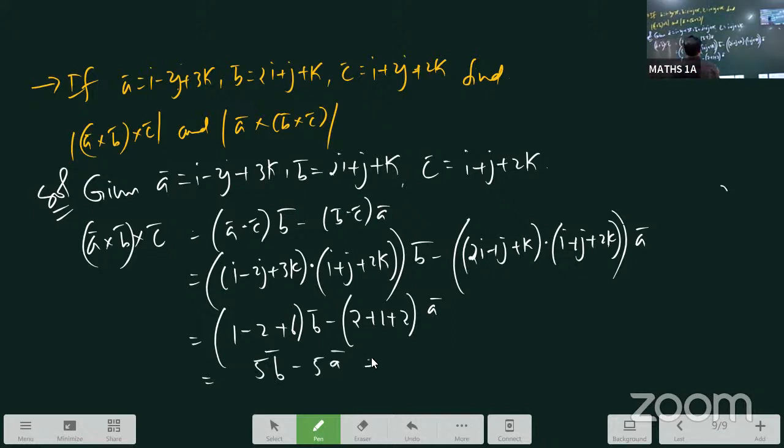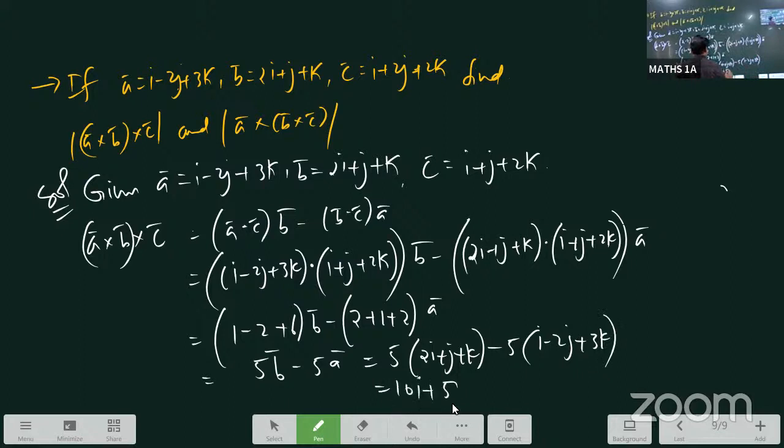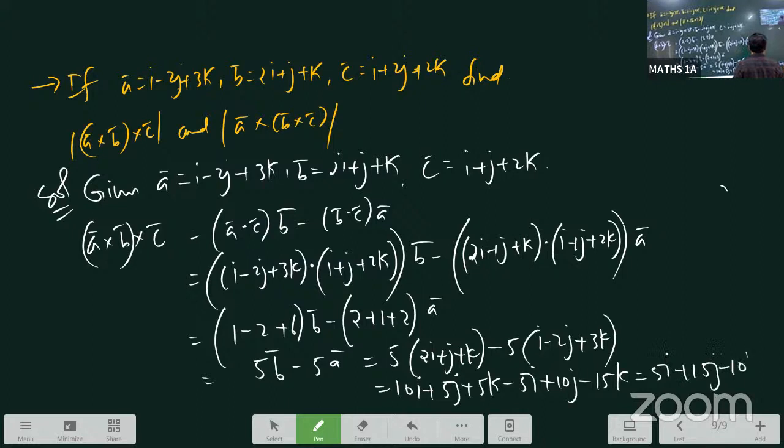That is nothing but 5 into b bar, 5 into 2i plus j plus k, minus 5 into a bar, that is i minus 2j plus 3k. That is nothing but 10i plus 5j plus 5k minus 5i plus 10j minus 15k, right? On simplification, what I'm going to get is 10i minus 5i is 5i, plus 15j minus 10k.